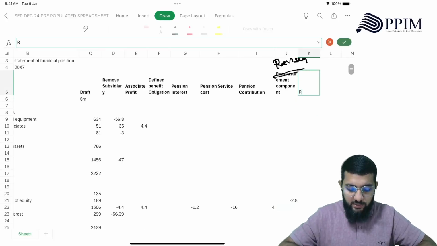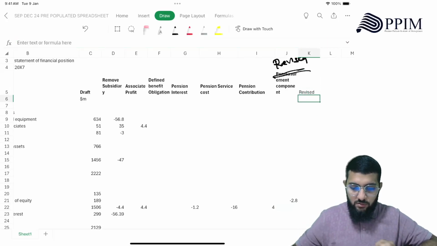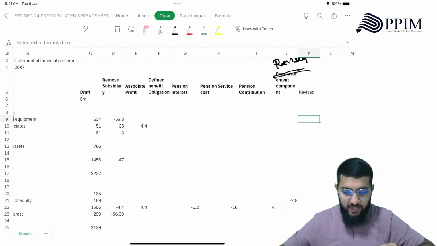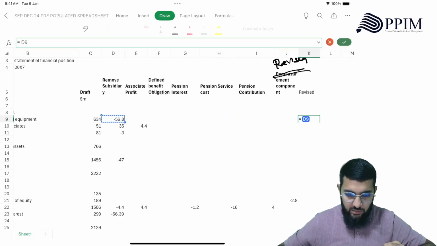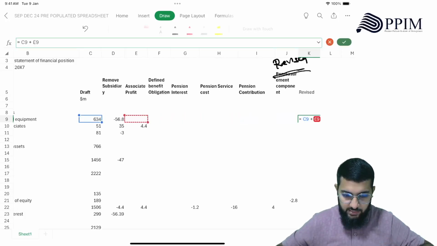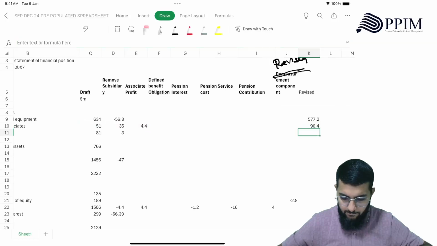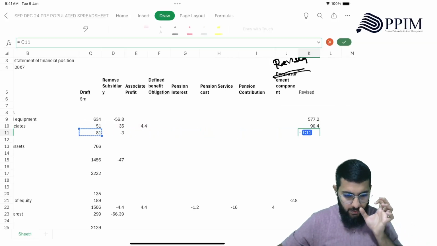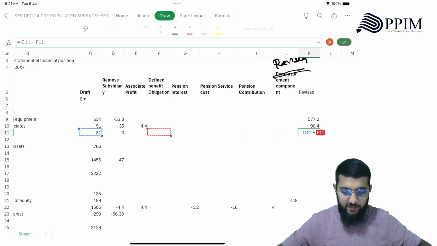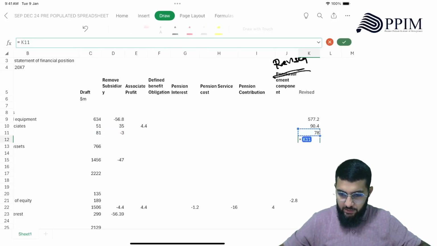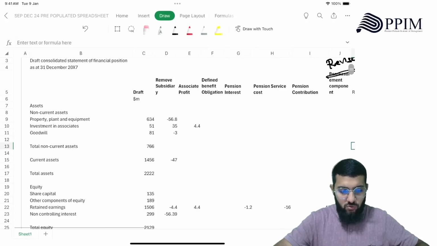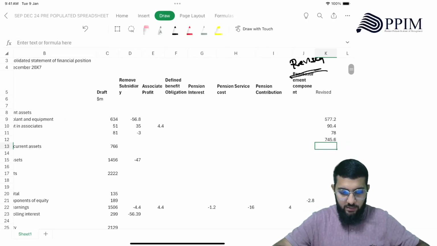This is not necessary for you, but I am doing it just to show that it balances. This plus this. Let's see if it balances. This is the new non-current asset, right?